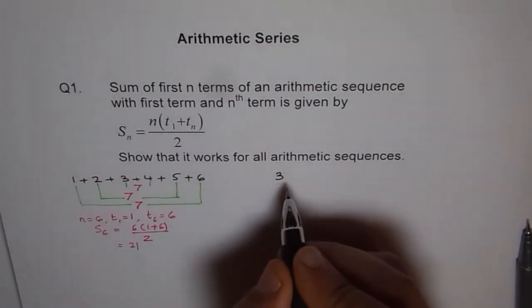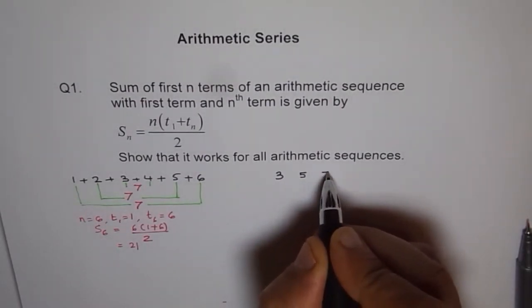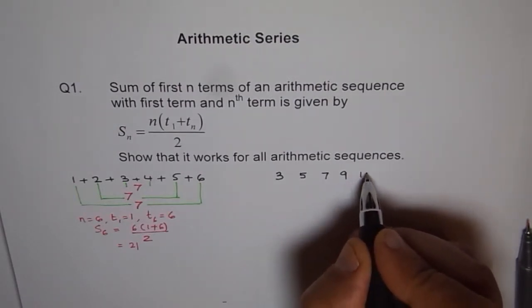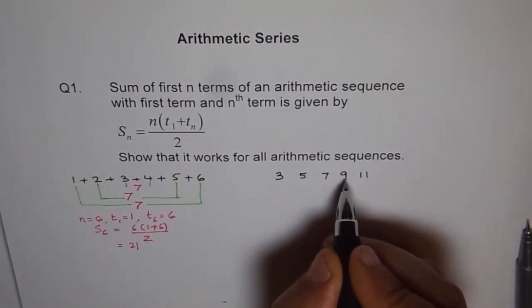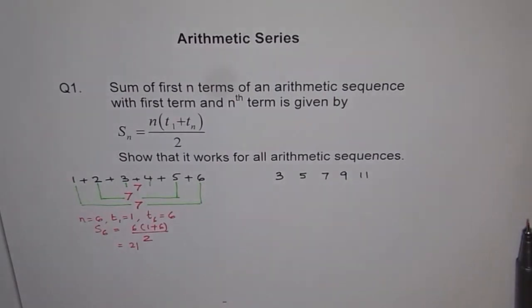So we have terms like 3, 5, 7, 9, 11, which is 5 terms. Let's take an odd number of terms and see what happens, because you can't pair them all. That's kind of difficult, so let's see what happens in this case.